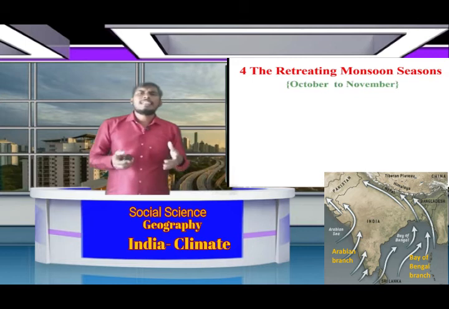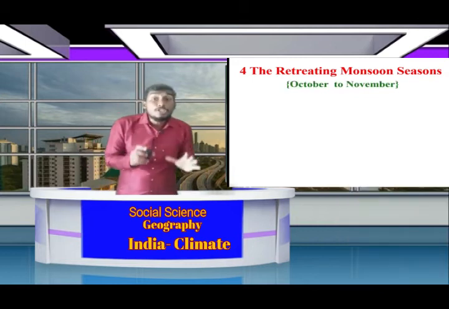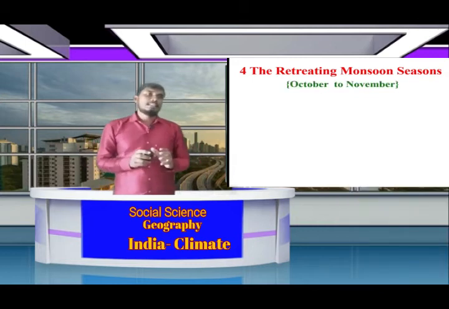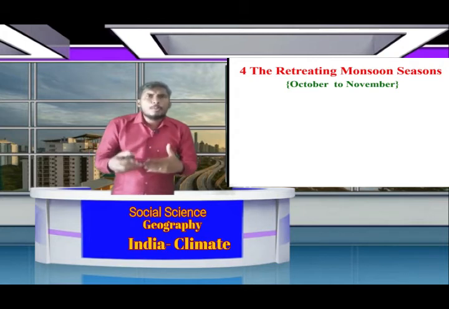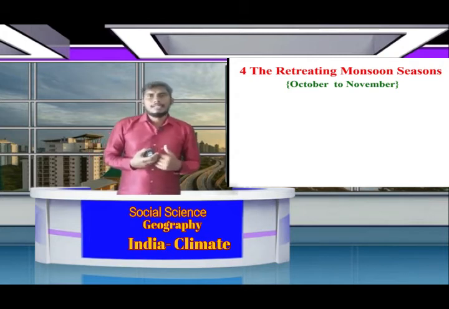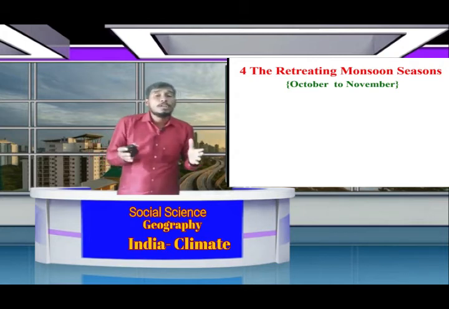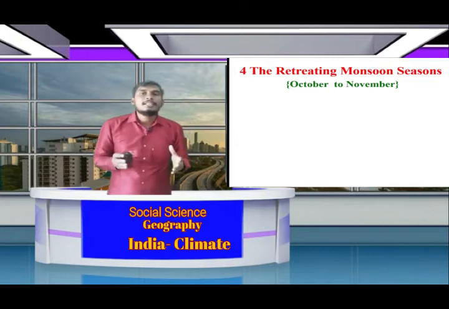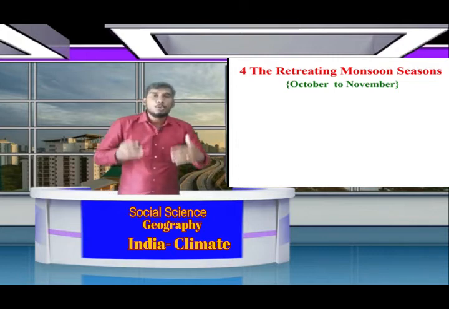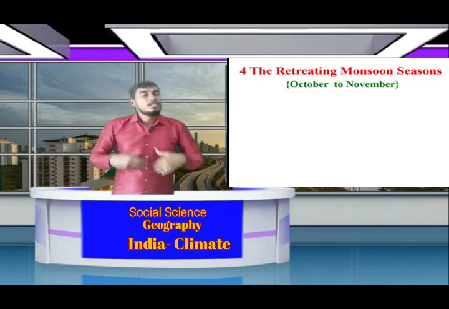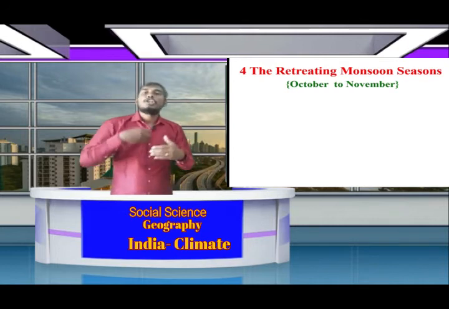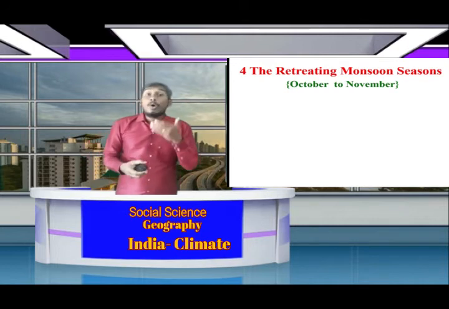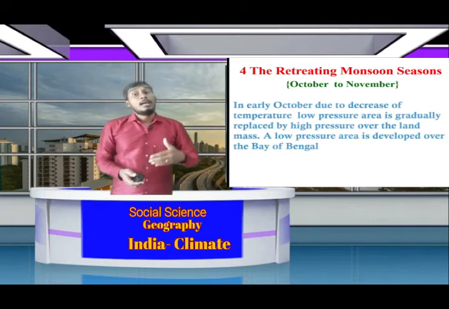Let us learn our next topic, that is the retreating monsoon season. It is from October to November. So the season from October to November, we call the retreating monsoon season. Dear children, you know very well, you already watched in the video why the retreating monsoon happens.